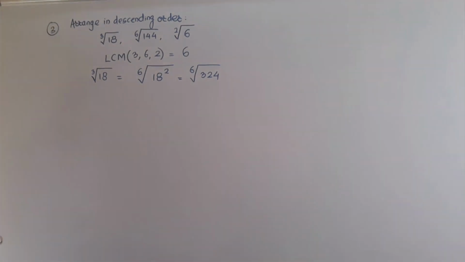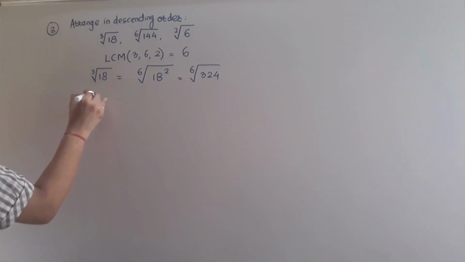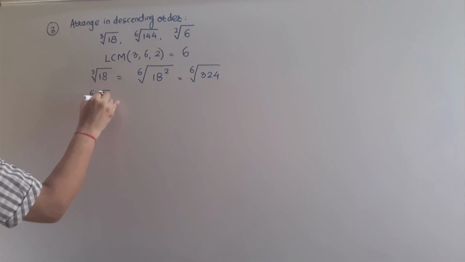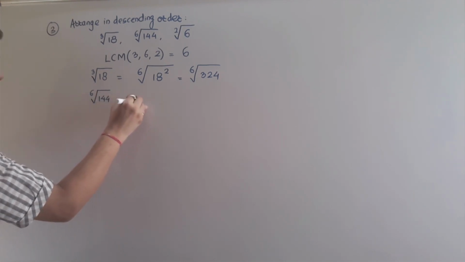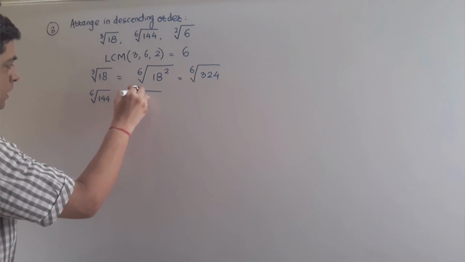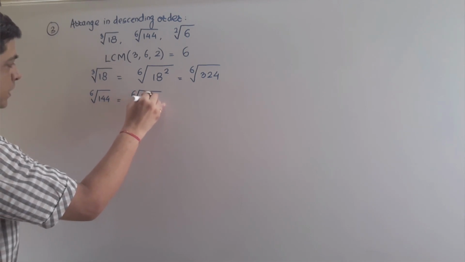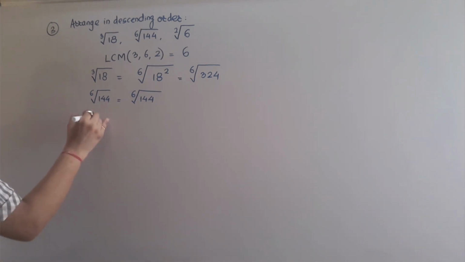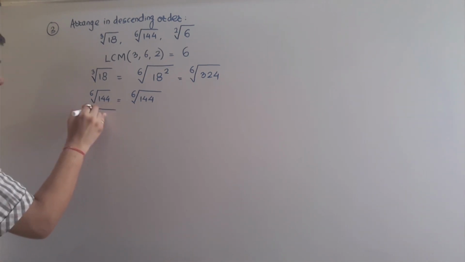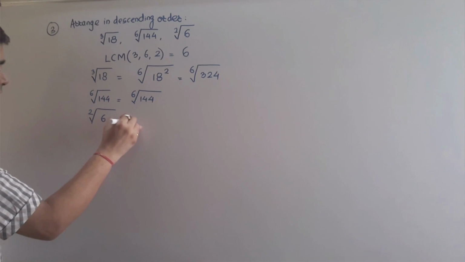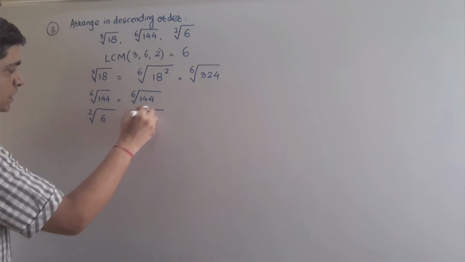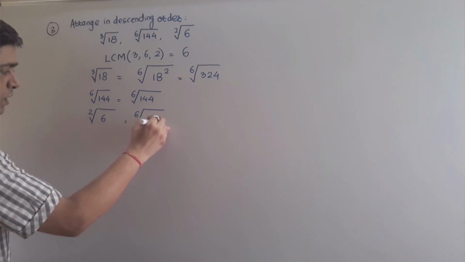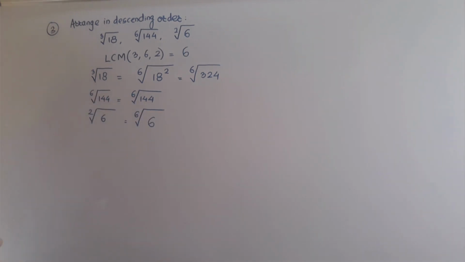Next term we have is 6th root of 144. We need not change it because its order is already 6 and we require 6 only, so we copy it as it is. Let us see the last one, square root of 6. First I will place the new order, 6, and write down the term inside the root, 6.